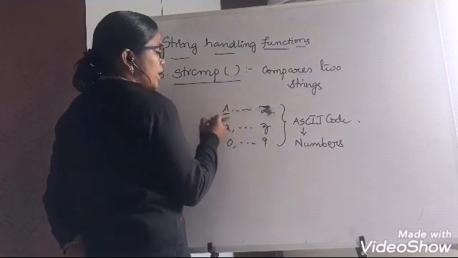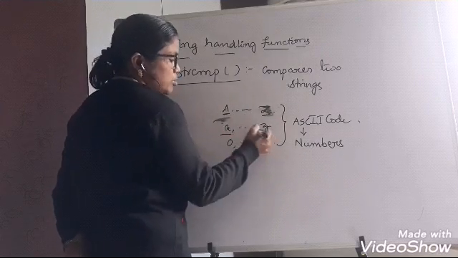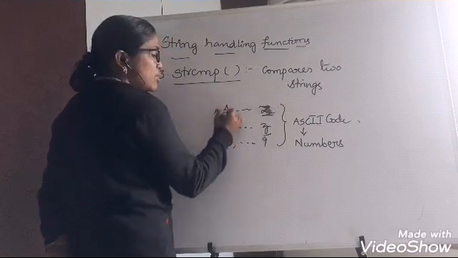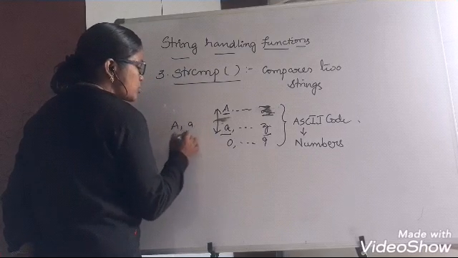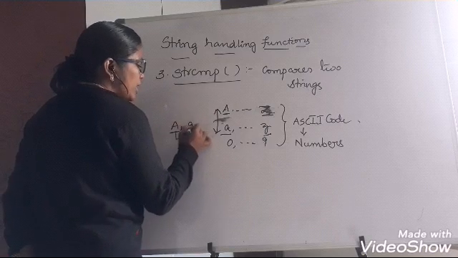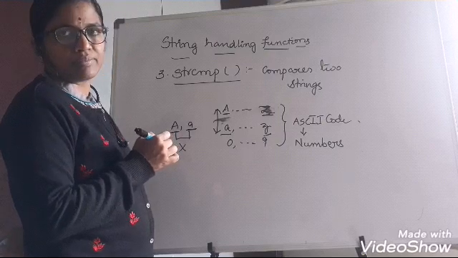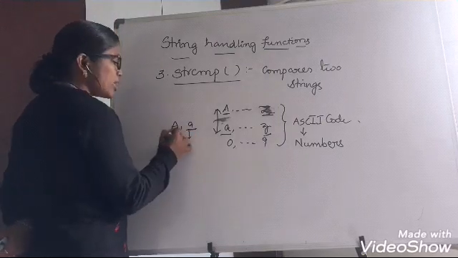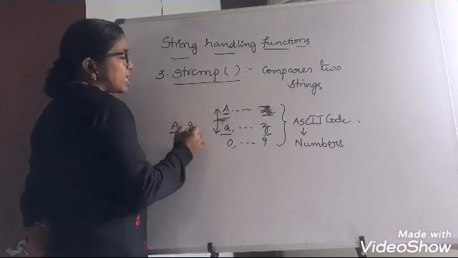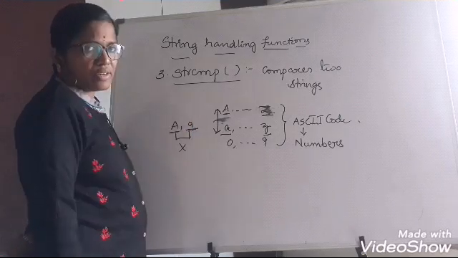So A starts from some number and Z will end at some place, and likewise small a to small z. That is the reason why C is a case sensitive language. Capital A and small a are not equal, because the number for capital A and the number for small a are different. So C does not take them as similar. Both characters are different.